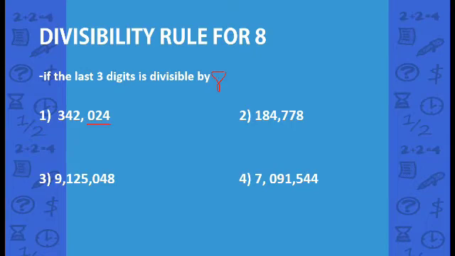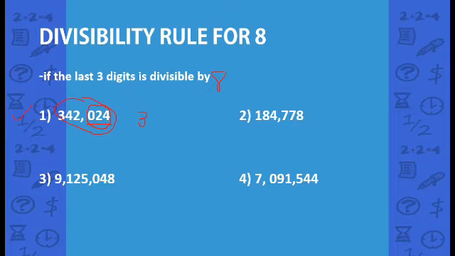Can we divide 24 by 8 and exactly get a full answer or a full number? Yes, because 24 divided by 8 is 3. So, meaning 24 is divisible by 8, and so 342,024 is also divisible by 8.